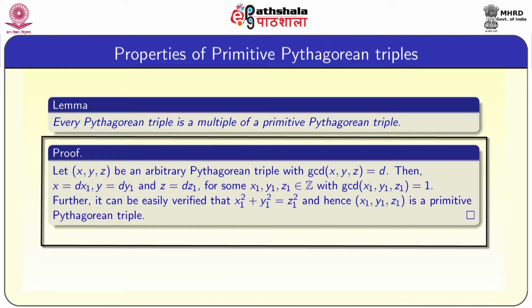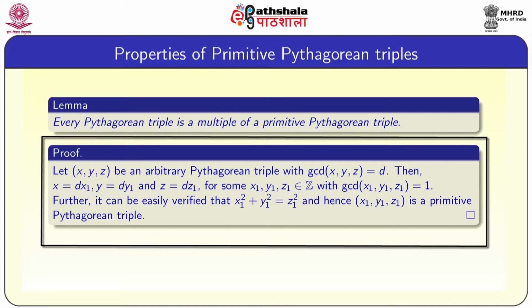since the GCD of x, y, z is equal to d, d divides x, d divides y and d divides z, or equivalently x equal to d times x1, y equal to d times y1 and z equal to d times z1, for some integers x1, y1, z1 with GCD of x1, y1, z1 equal to 1. Further, it can be easily verified that x1 square plus y1 square is equal to z1 square.